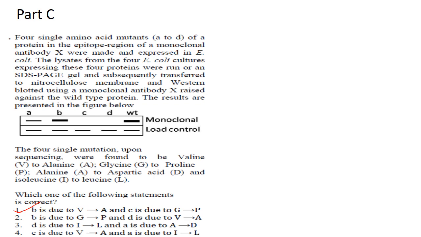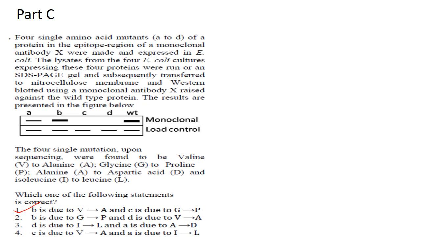And A is due to A to D. What is A? Alanine to aspartic acid. So alanine and aspartic acid have dissimilar biochemical properties. One is an acid, it is negatively charged, whereas alanine is not acidic, it is neutral. So you should not have got a band, but you got a band over there, stating that option 3 is also not correct.